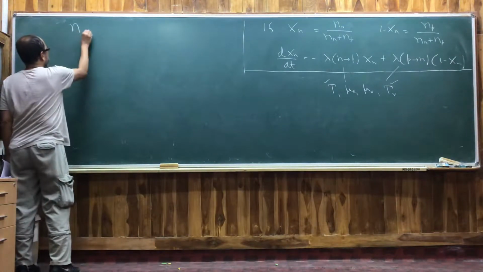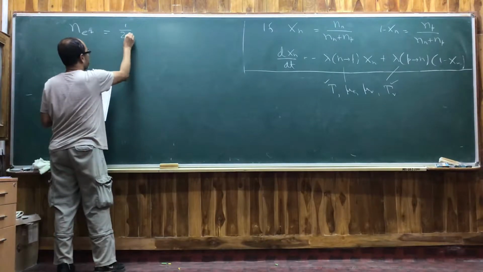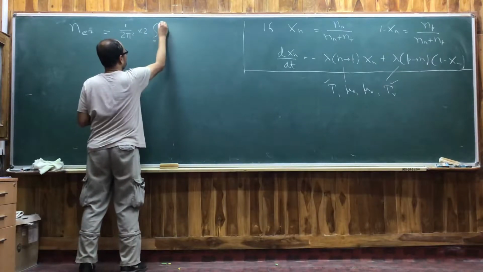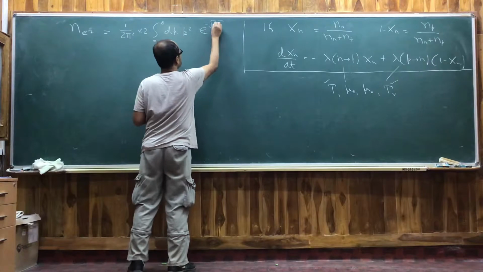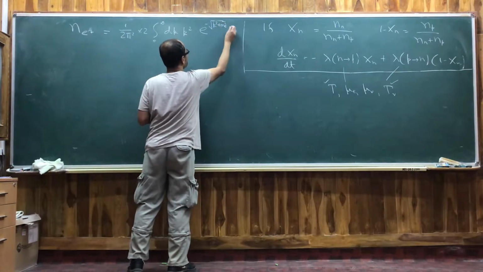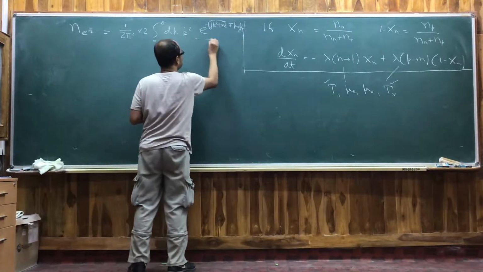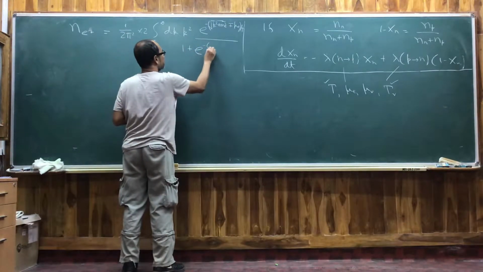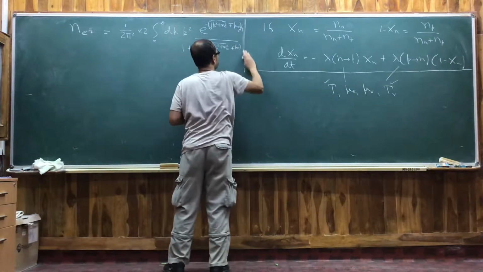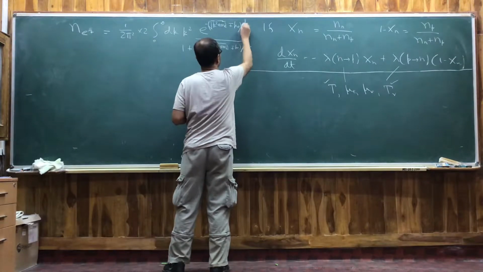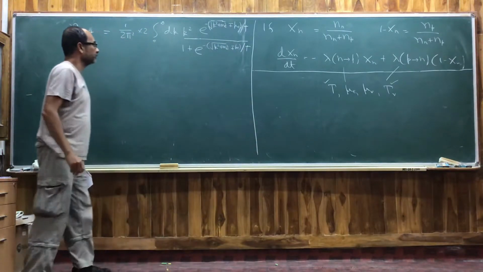So we have the expressions for n e minus, plus, given by 1 over 2 pi squared times 2, integral 0 to infinity dk k squared, and so on.